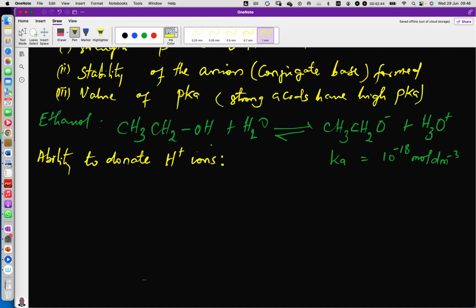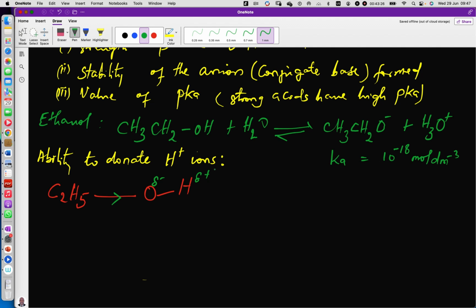It is like this: C2H5, with a partial negative and a partial positive.